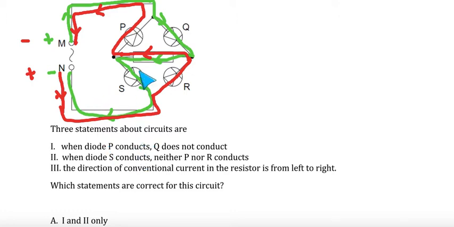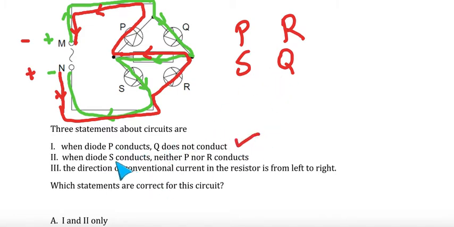So we know when P is working, R is working. So P and R work at the same time. S and Q work at the same time. So when P conducts, Q does not conduct. That is correct. When S conducts, neither P nor R conducts.